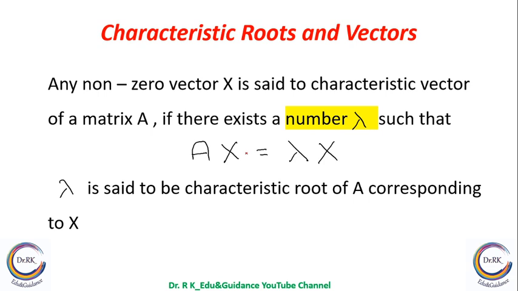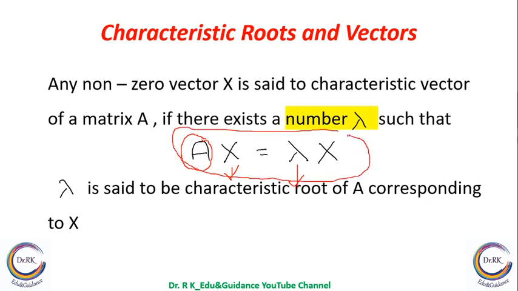Okay. Now the basic way that we define eigenvalues and eigenvectors is, if there is a matrix A, and there is a column matrix or column vector X, and there is a scalar lambda such that Ax equal to lambda x.